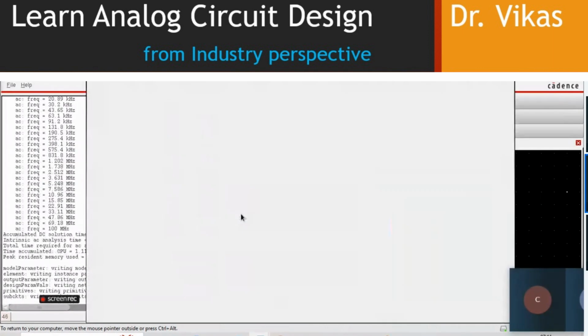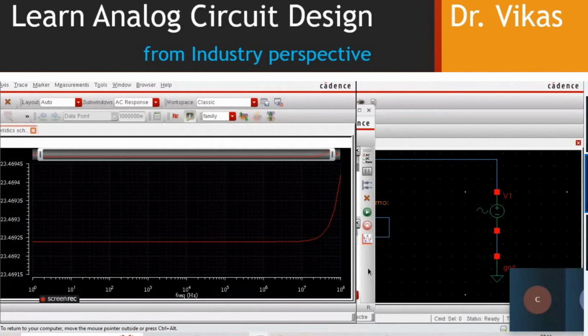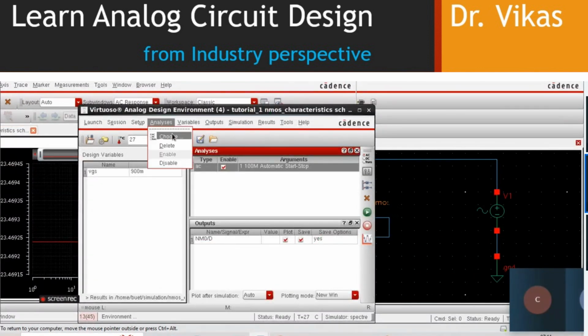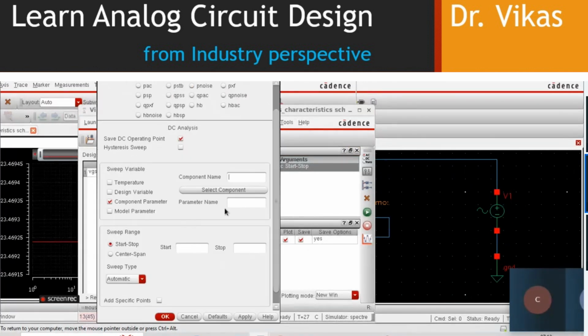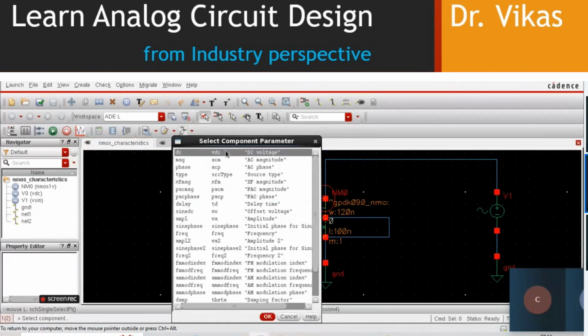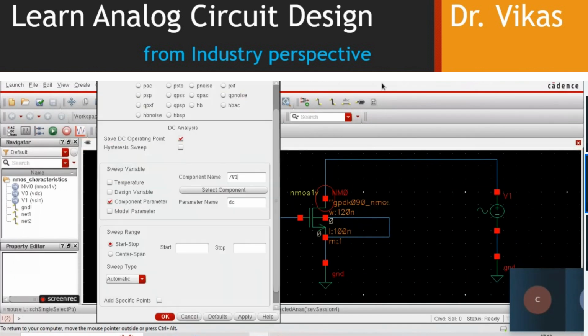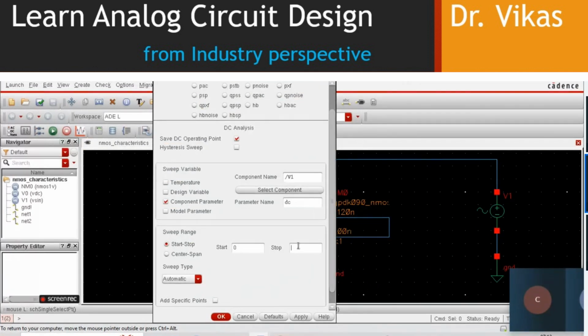So I'll run it. This is basically the frequency response of ID versus VDS for this particular circuit. Now the same graph, if we do the DC analysis: the DC analysis is purely with respect to the DC supplies, and then we vary the voltage from 0 to 1.8.